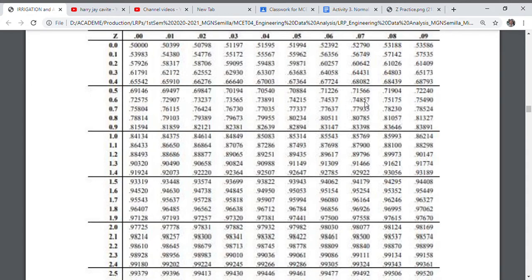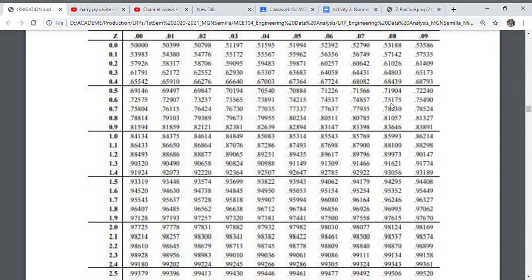In this case, if we are going to find the X score, just like in our example in activity number 3, problem number 3, you could use either of the two, 0.67 or 0.68, in order to find the X score.